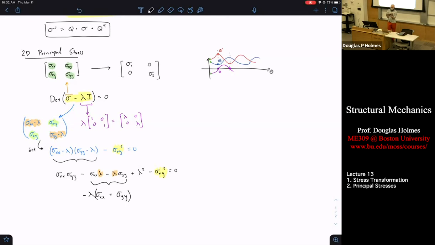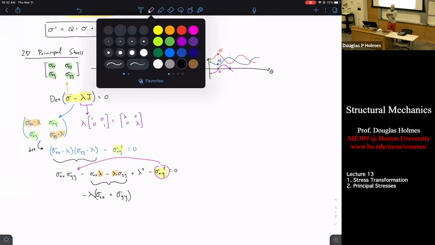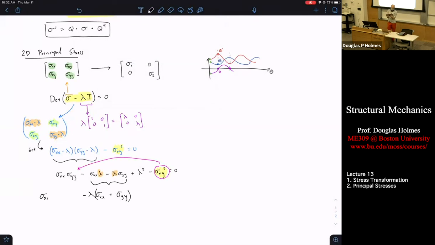And I'm going to move this term over here, just rearranging it in the equation. So I'm going to say sigma xx sigma yy minus sigma xy squared, plus lambda squared equals 0.